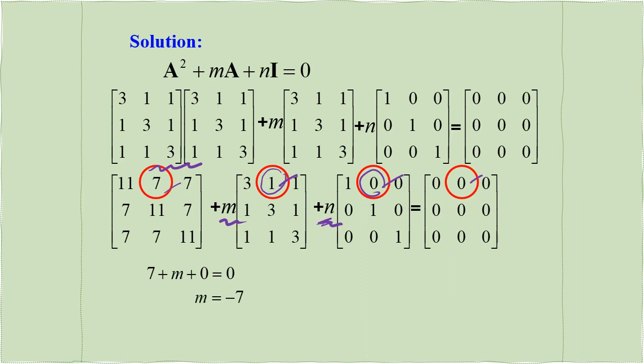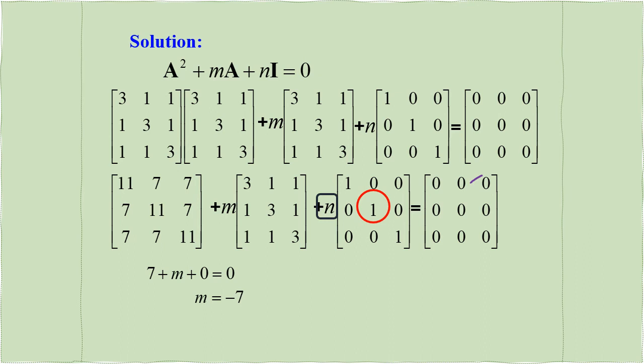And for n, we can take the 1 at the center, or the first row first column. Any element that you think will help you to find n. Here we choose the second row and second column.